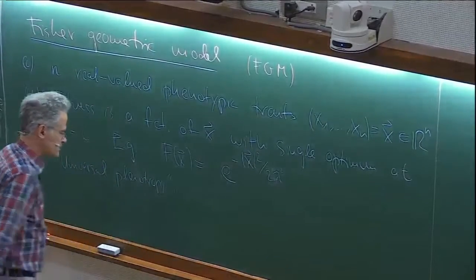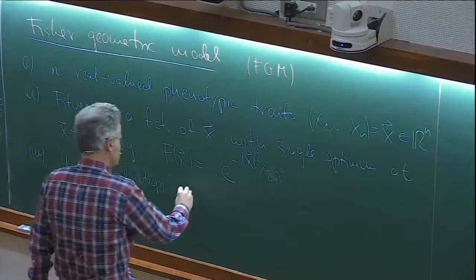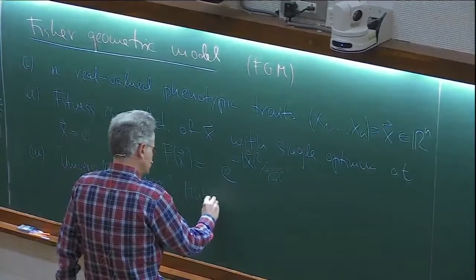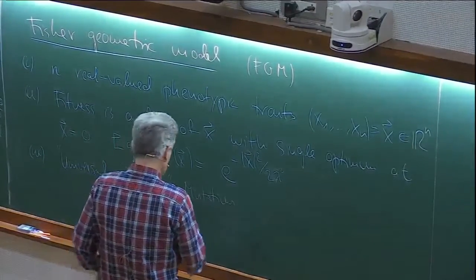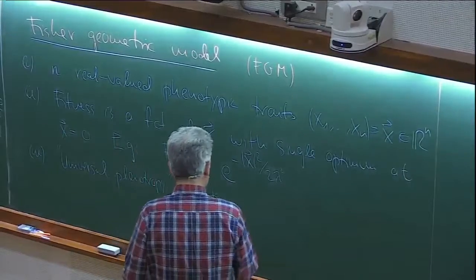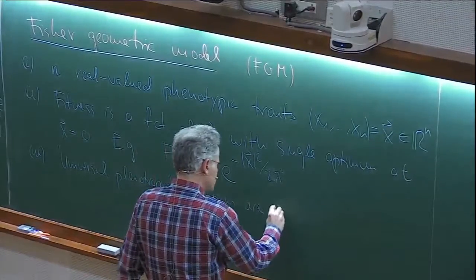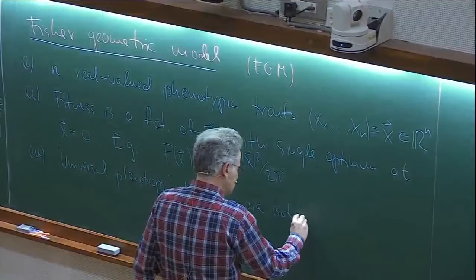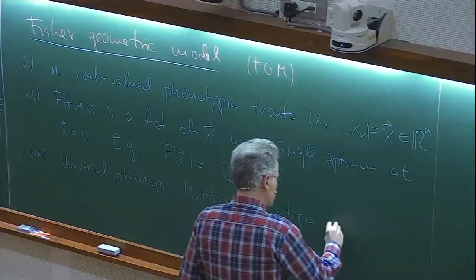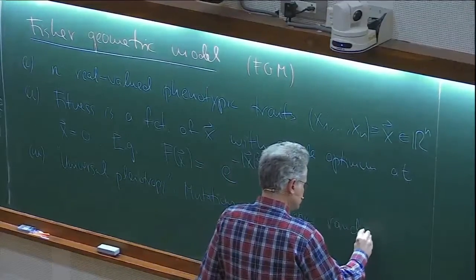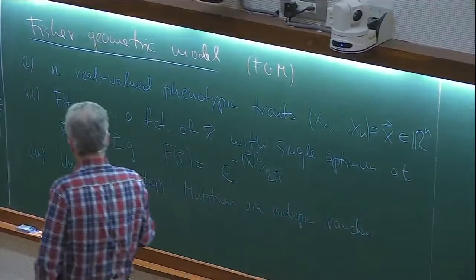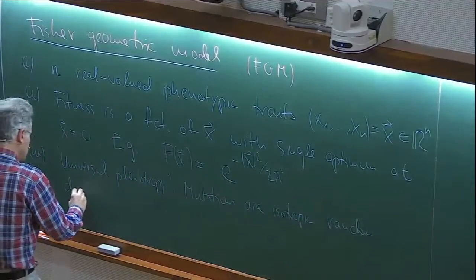So mutations are isotropic random displacements, random changes of the phenotype.